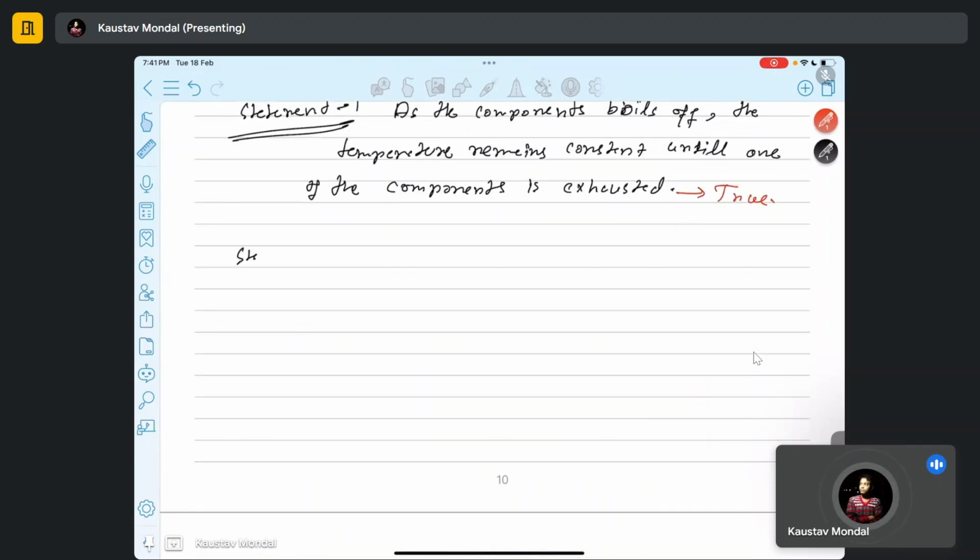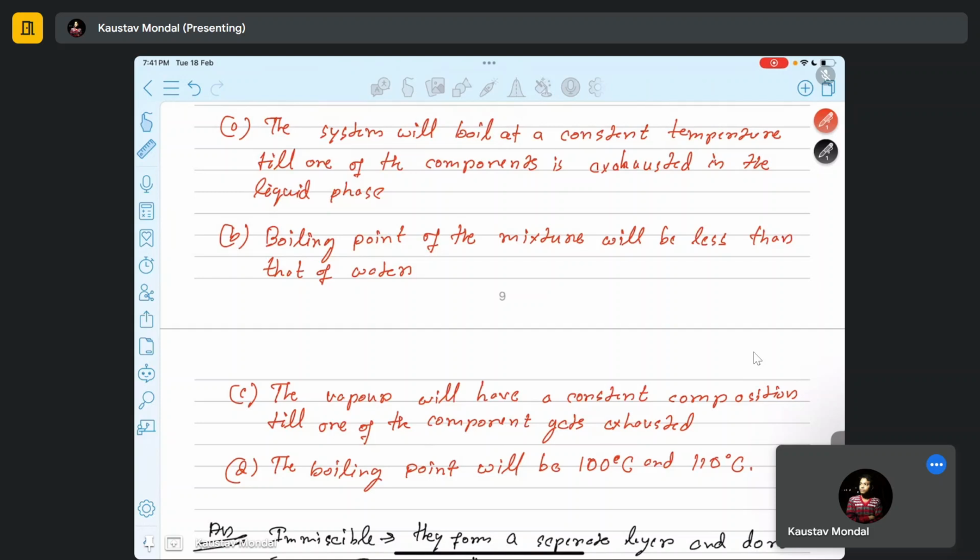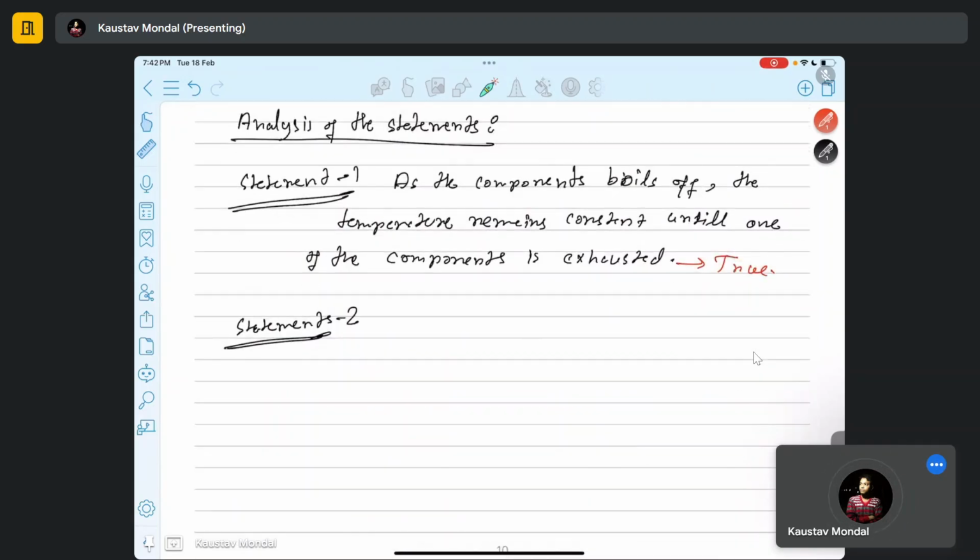Now comes statement two. What does statement two basically tell? Statement two tells us that the boiling point of the mixture will not be less than that of water. Okay, let's check this statement.